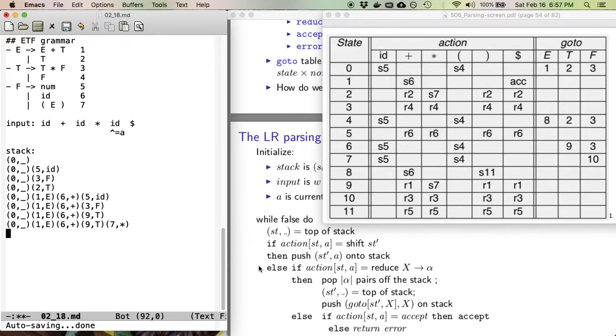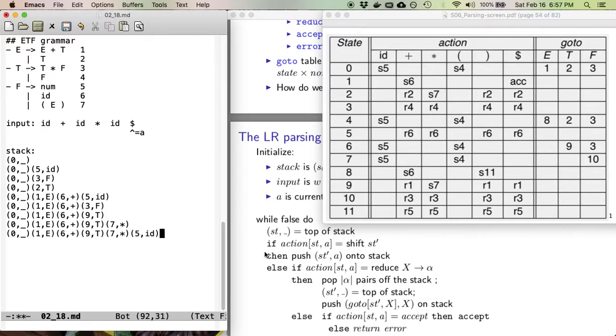So we go back to the top of the stack. We're in state 7, right? So in state 7, when we see an ID, what do we do? We shift and go to state number 5. So we copy the contents of our stack, and we are now in state 5 with an identifier. We did a shift. We move our cursor over, so we're looking at the end of the input now.